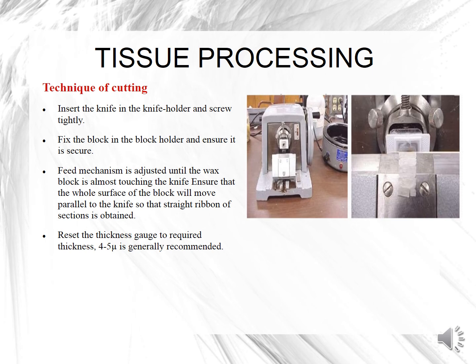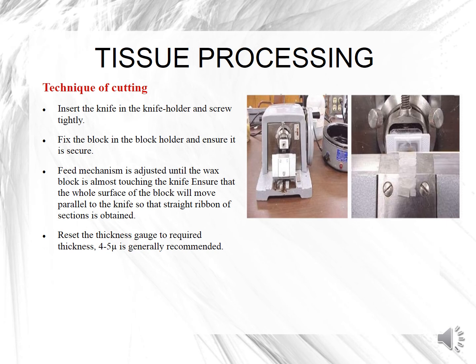Fix the block in the block holder and ensure it is secure. The feed mechanism is adjusted until the wax block is almost touching the knife. Ensure that the whole surface of the block moves parallel to the knife so that a straight ribbon is obtained.